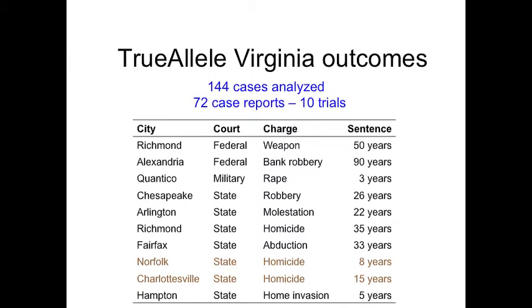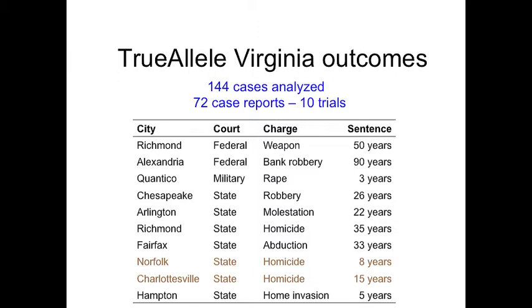And you'll be hearing more about how you testify about these results for most of the remainder of this presentation. And as you can see, the offenses span the range of weapons, bank robbery, rape, homicide, and so on. There's a full range of offenses in the study.